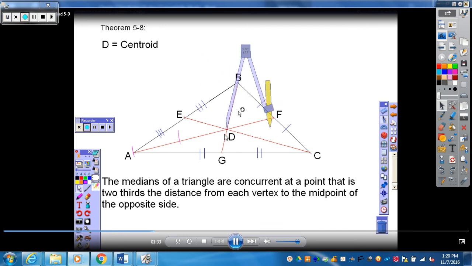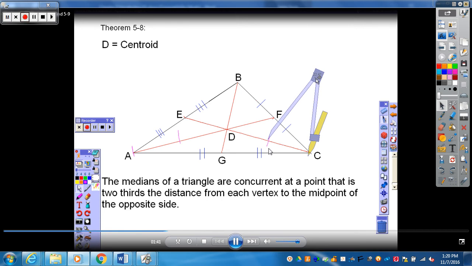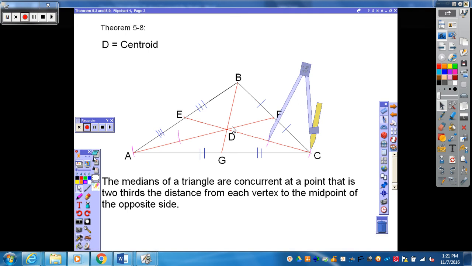Now the next thing I did, I took the length of ED and compared that to the length of DC. And it looks like DC is twice the length of DE as well, okay? Well, that's convenient. Let's see if it happens on the last median as well.